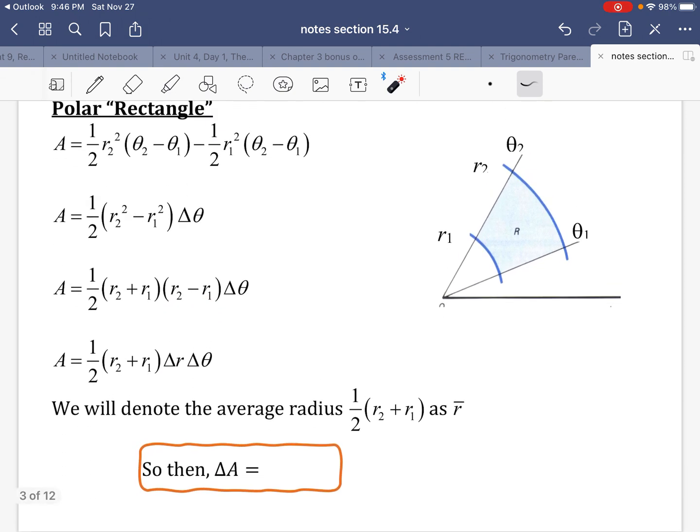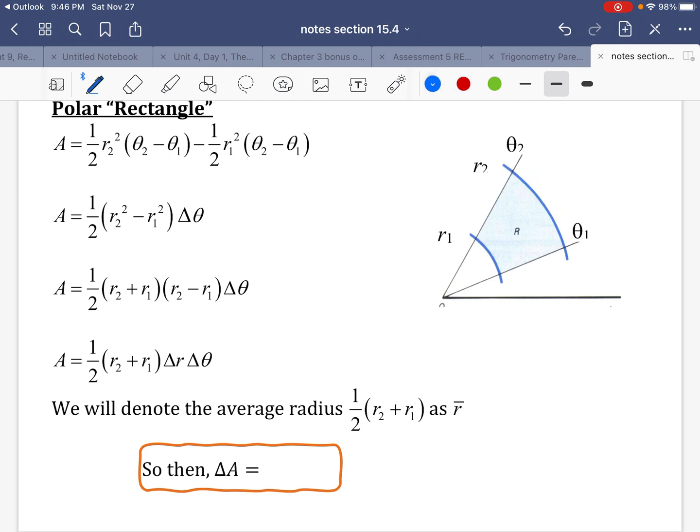Okay, so here's the next little part. 1/2 times r2 plus r1, when you add two things and divide by 2, that's like the average of two things. So that is basically the average of the radius, and that is going to be denoted as r bar.